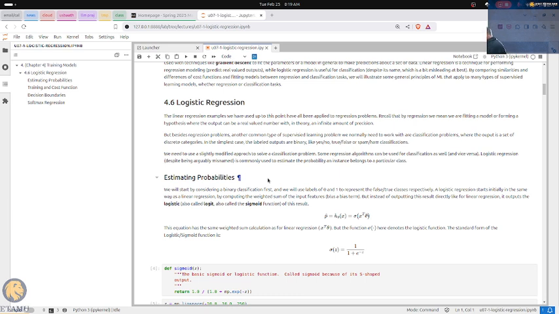So the nice thing about that is if you understand the basics of how that works, we can apply that same method to doing a classification problem with a few tweaks, okay?